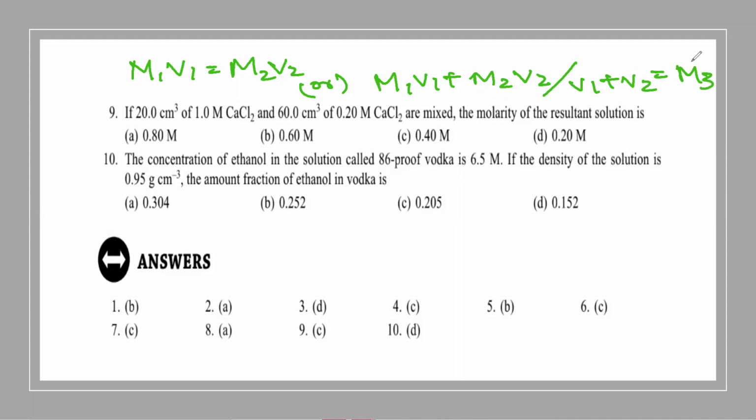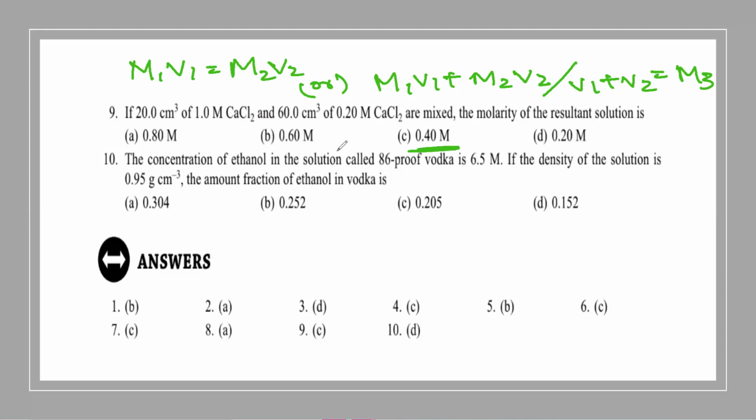M2 is 0.20 molarity and V2 is 60. V1 plus V2 is 20 plus 60, that is 80 mL, since centimeter cube is nothing but mL. By substituting in this formula, you'll get the molarity of the resultant solution, and the answer is C, 0.40 molarity.